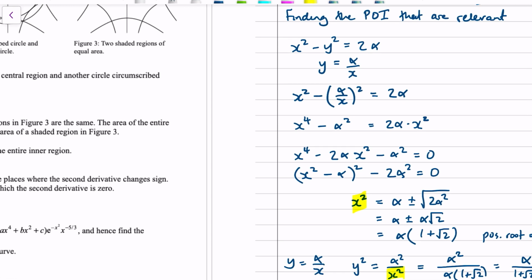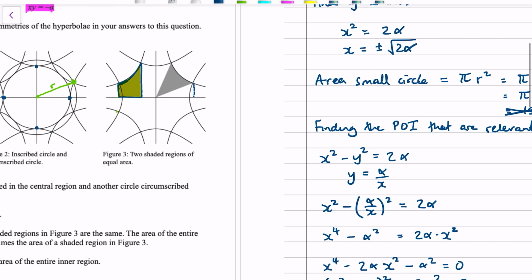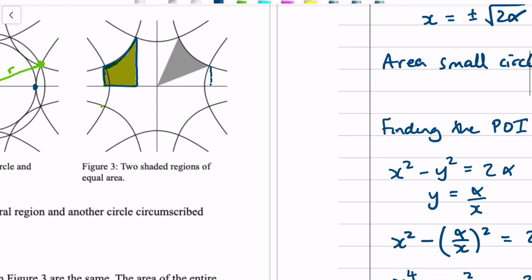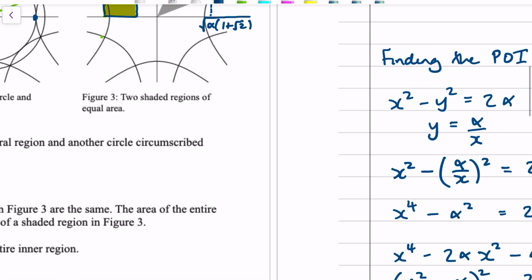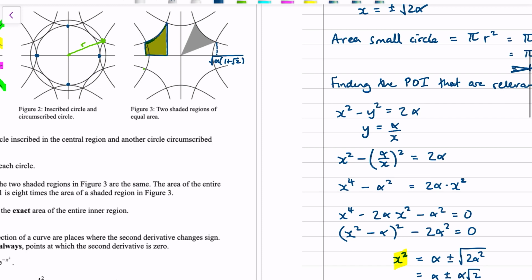So the square root of that would give me the x value that I need. That's my limit there: the square root of alpha times 1 plus root 2. That's the right limit, and it would be the same on the other side, just negative.